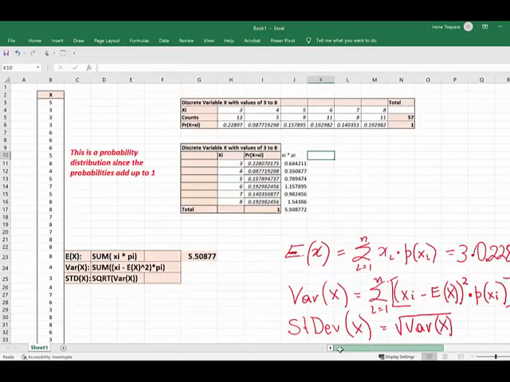So let's see how we do that with Excel. Right here, the next step that I want to do is for every xi, I want to subtract the expected value. So for every xi, I want to subtract the E. Excellent. How do I do that? The xi's are on this column, and I want to subtract this value.